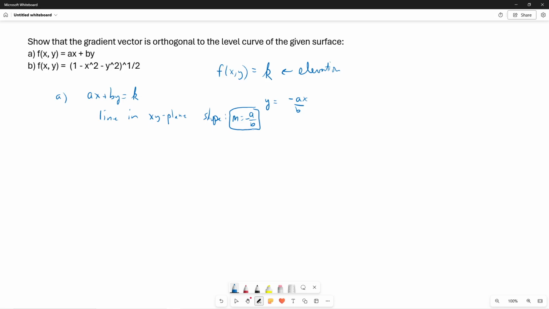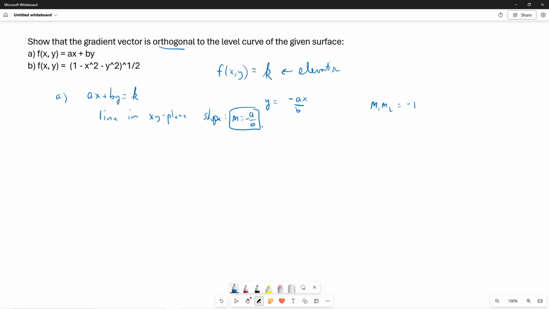And then we want to say that the gradient vector is orthogonal or perpendicular to the level curve. So if m1 times m2 is equal to negative 1, then lines with these slopes are perpendicular. So we would like our gradient vector to have a slope of the negative reciprocal of negative a over b.